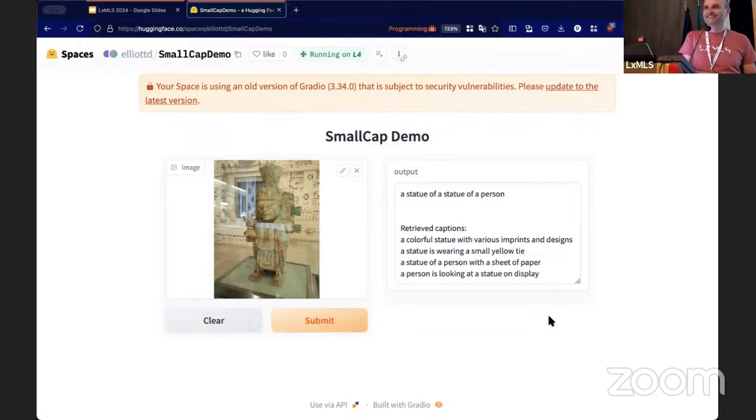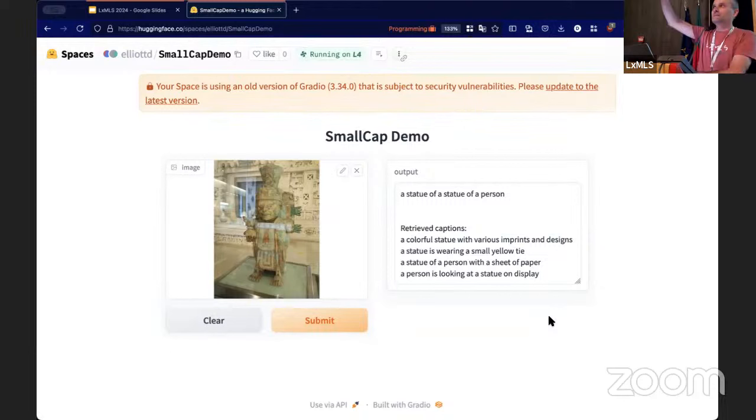Yep. A man standing up giving a presentation. A man standing in front of a large whiteboard giving a talk. So it seems quite accurate. Although I don't know how it knows I'm reading from my notes, but that's neural networks.